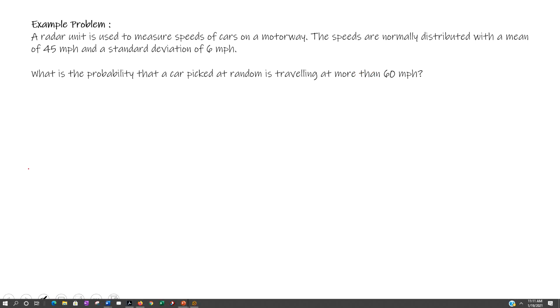We have this problem. A radar unit is used to measure the speeds of cars on the motorway. They've done all their data and they've determined that the mean speed of the highway is 45 miles per hour with a standard deviation of 6. So we can draw our normal curve with our mean of 45 and then our sigma, the Greek letter, the standard deviation was 6.